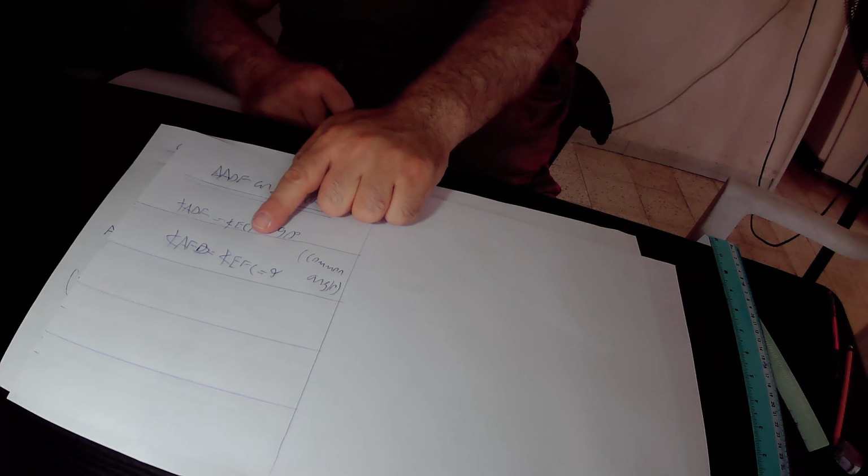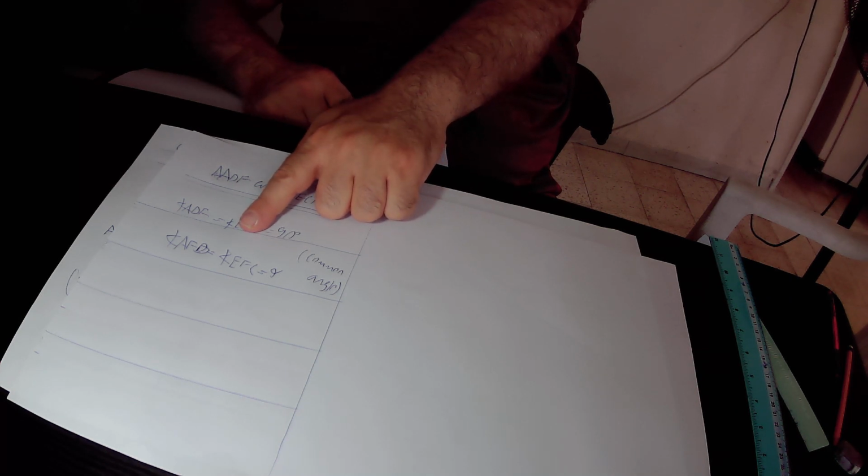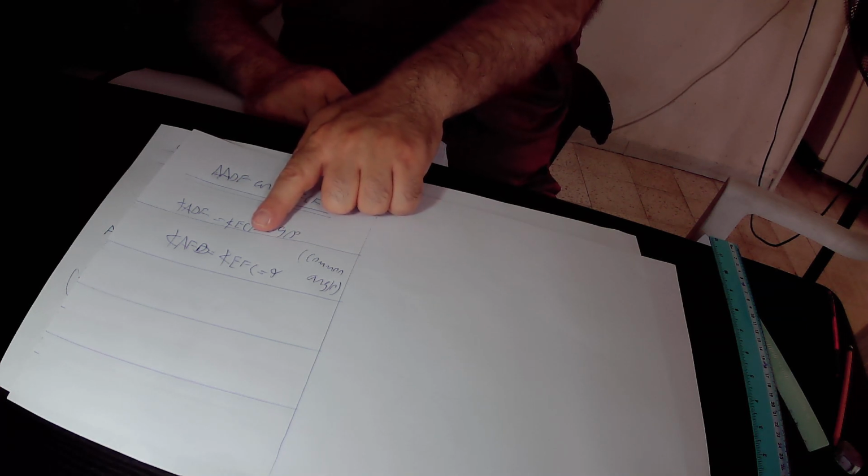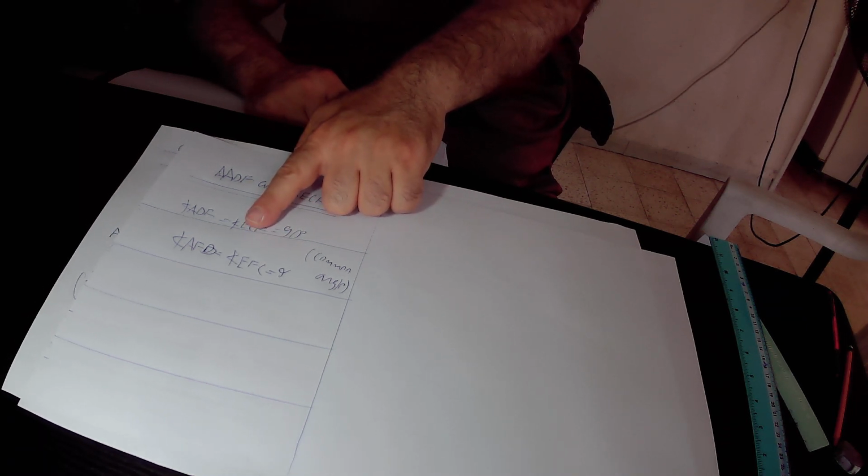This equation means that angle alpha equals itself. We just call angle alpha by two different names. Angle alpha equals itself is a common angle that belongs to both triangles.